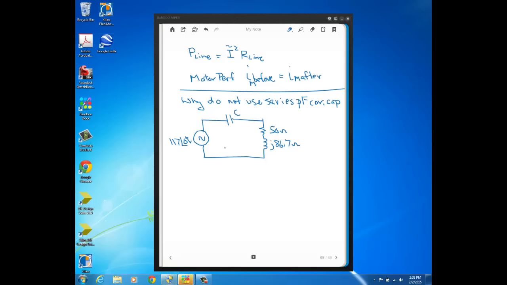Okay, so to correct the power factor using a series power factor correction capacitor, we need to get what XC is, because remember, once we have XC, we can get the capacitor value, right? Because that's just going to be C equal to 1 over omega XC, like we did previously. Again, omega here is just 2 pi 60.